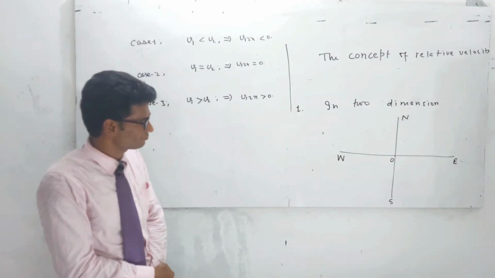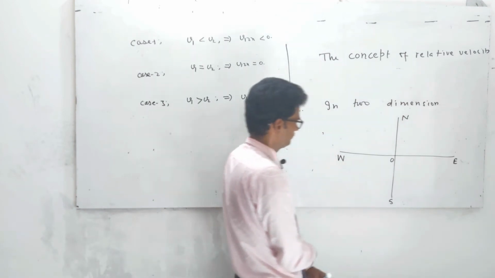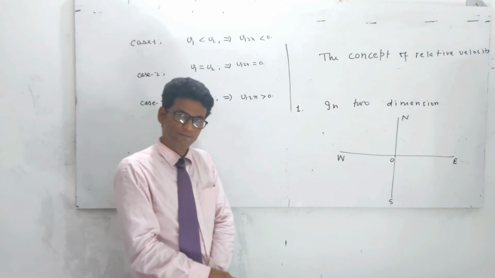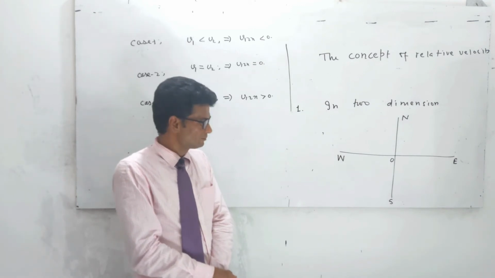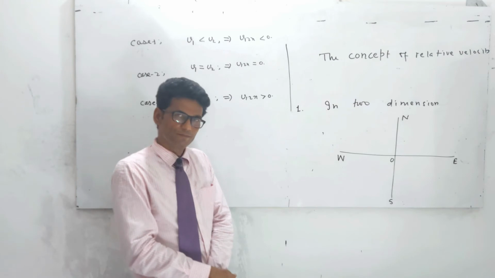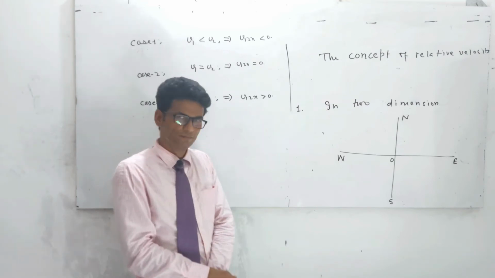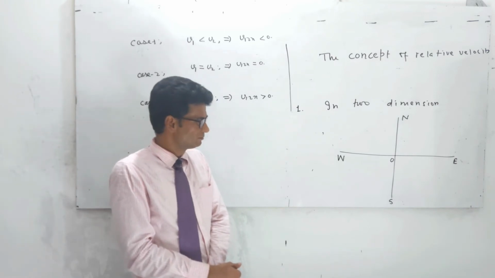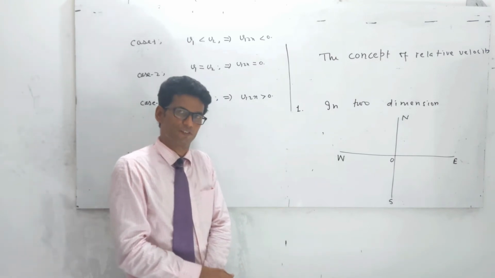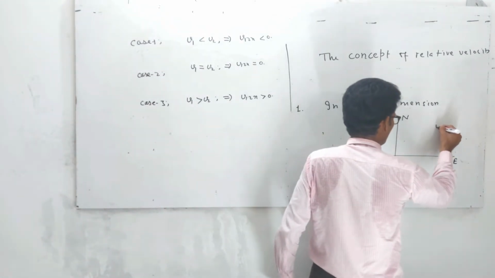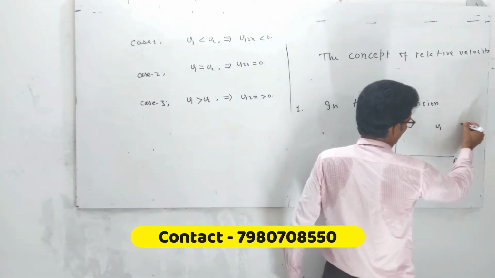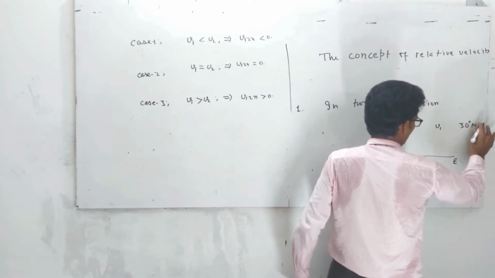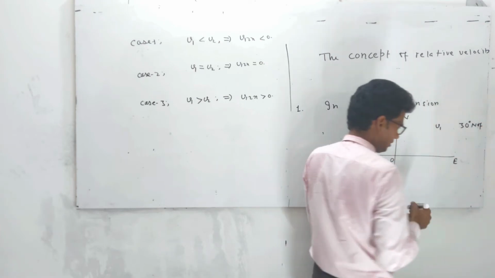Say person 1 starts moving from the junction with a speed v1 at 30 degree north of east.